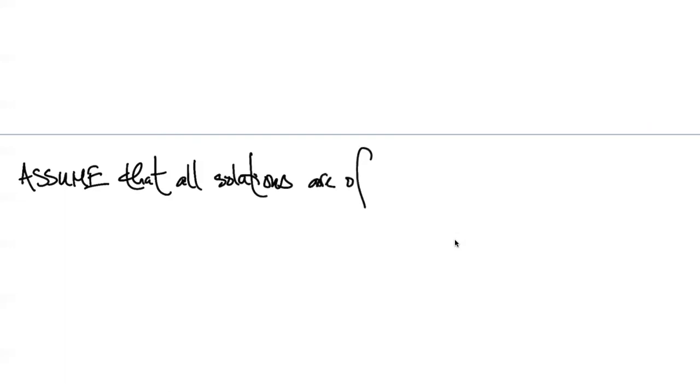Let's assume that all of our solutions are of the form y equals x to some power. Okay, so this is our assumption. Let's say that all solutions are of the form y equals x to the m.